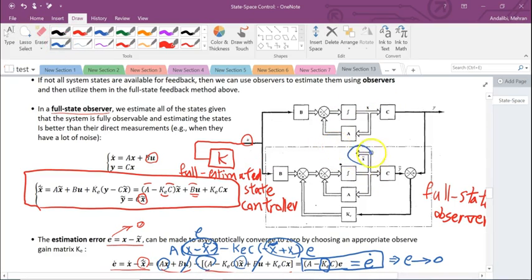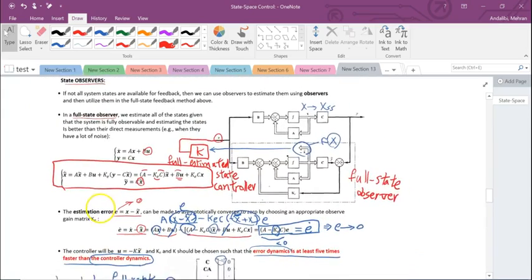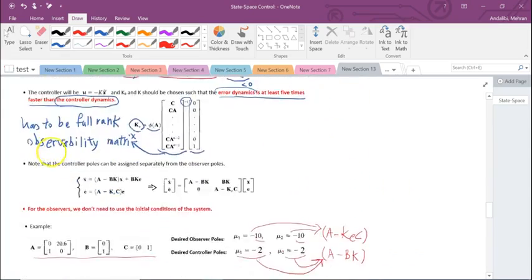So these X tildes that I send to the controller should be very close to the X. And for them to reach X before the X reaches the final value, these guys should have bigger poles in magnitude, bigger negative poles. So you see here, as I said, at least 5 times faster.